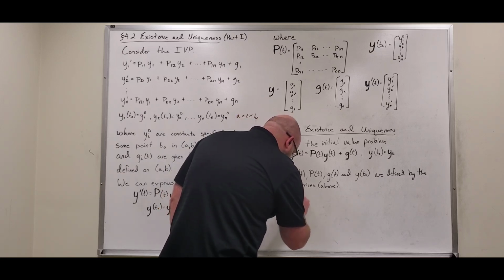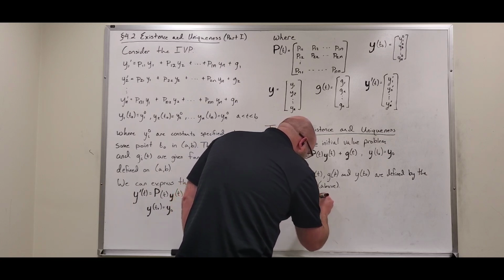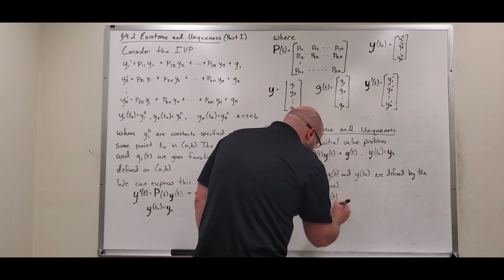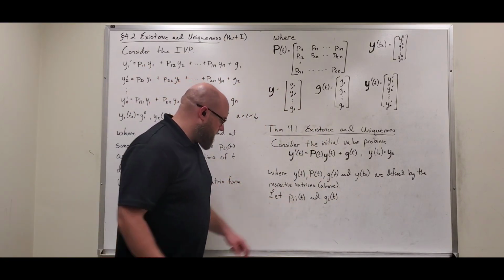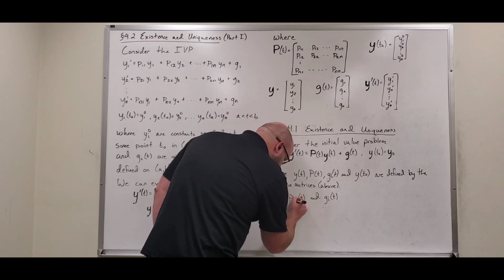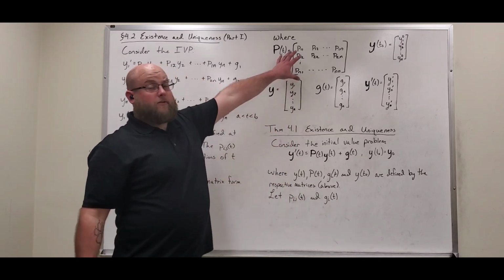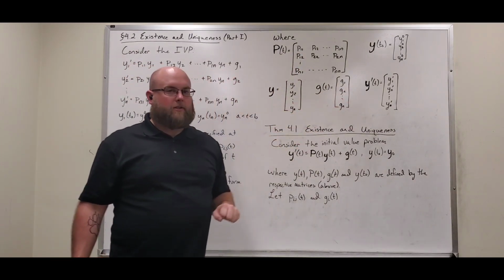Let our p sub i j of t and g sub i of t, okay, where are these coming from? Well, this p sub i j, that almost looks like a w, so let me fix that just a little bit. These guys are the elements in here, and the g sub i are all the elements in that one.